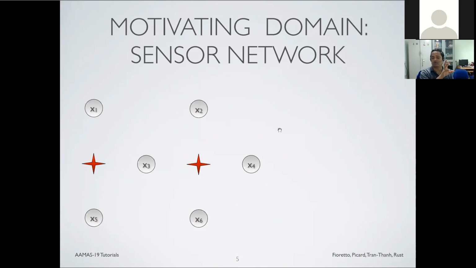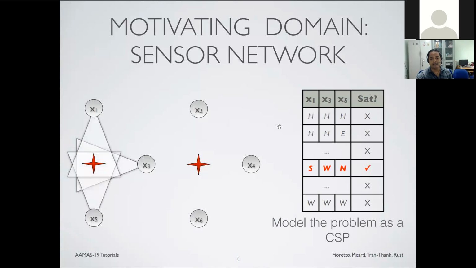So that was our objective. Initially we modeled it as a constraint satisfaction problem. The constraint is you have to track a particular target. So for x1, x3, x5, if they choose the values south, west, and north, the constraint is satisfied. That is our objective, to satisfy the constraint. The same problem can be modeled as maximization of the CSP problem, where the maximum number of constraints can be satisfied, rather than a single constraint.